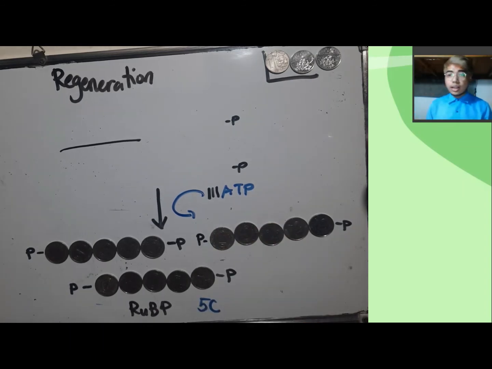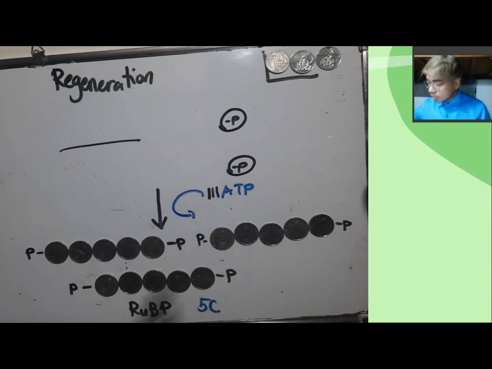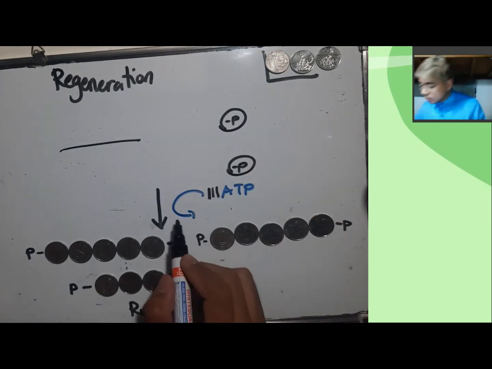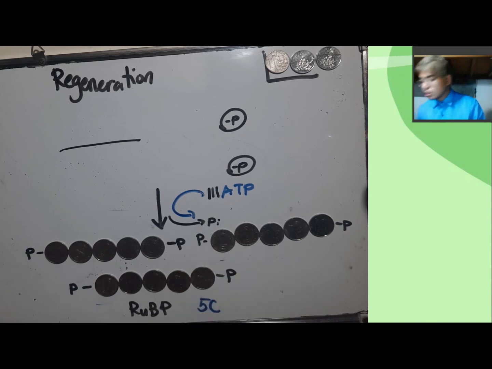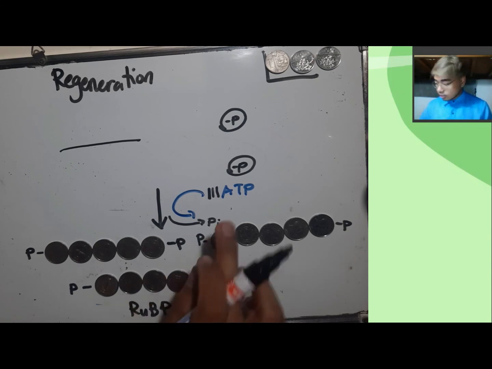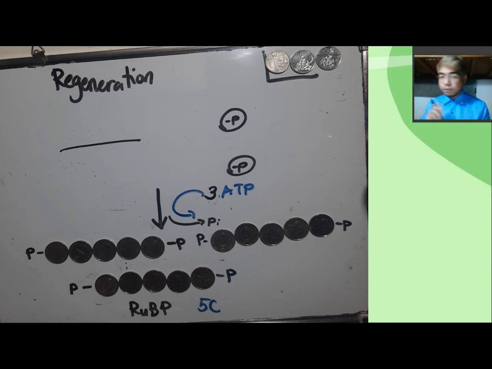Okay? So now, how many excess phosphates are there? There are 2 excess phosphates. These phosphates will now be released on the stroma as well to be utilized by the chloroplast. And we just utilized 3 adenosine triphosphate.